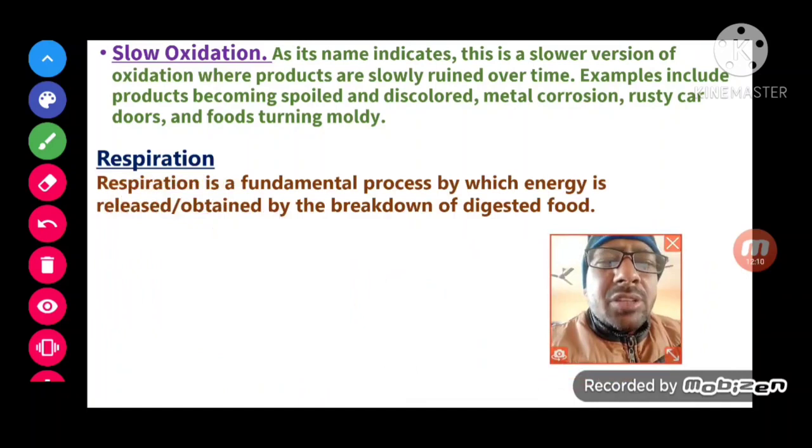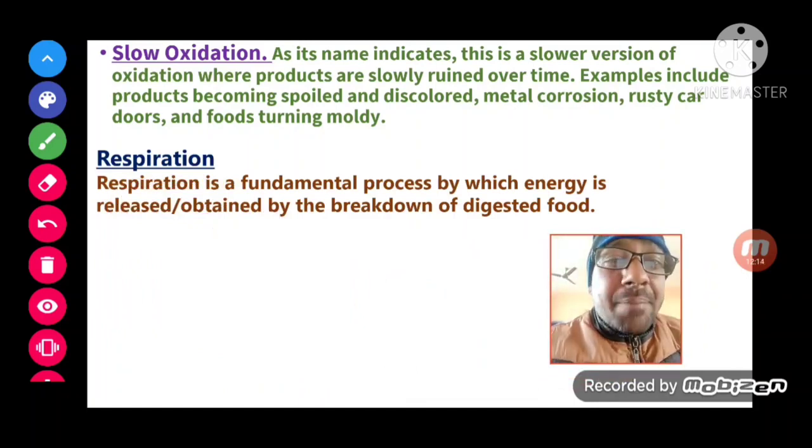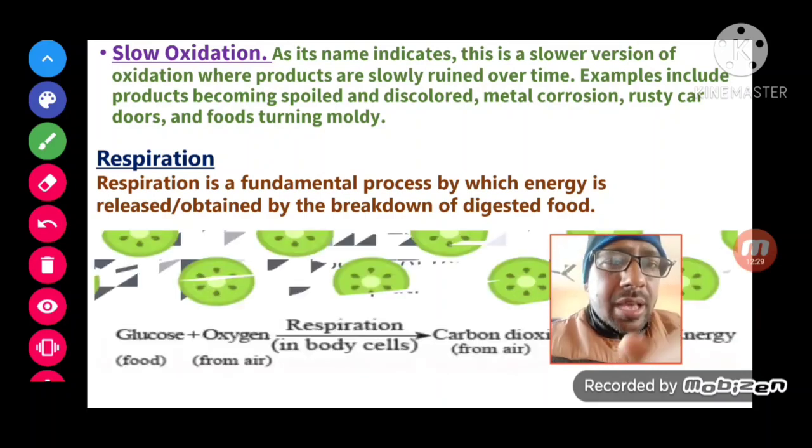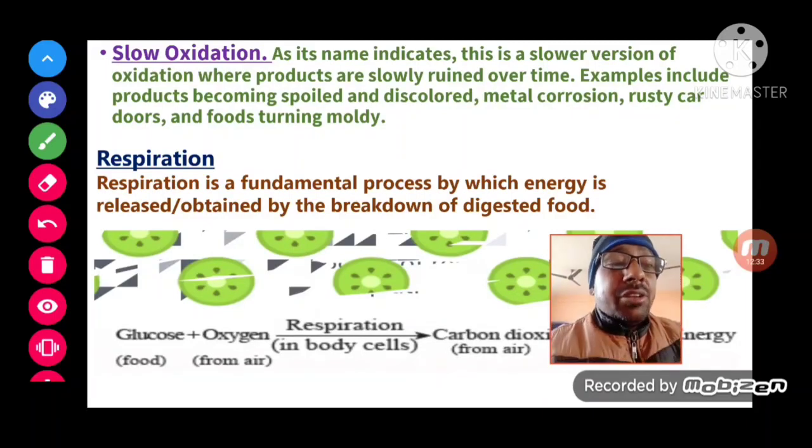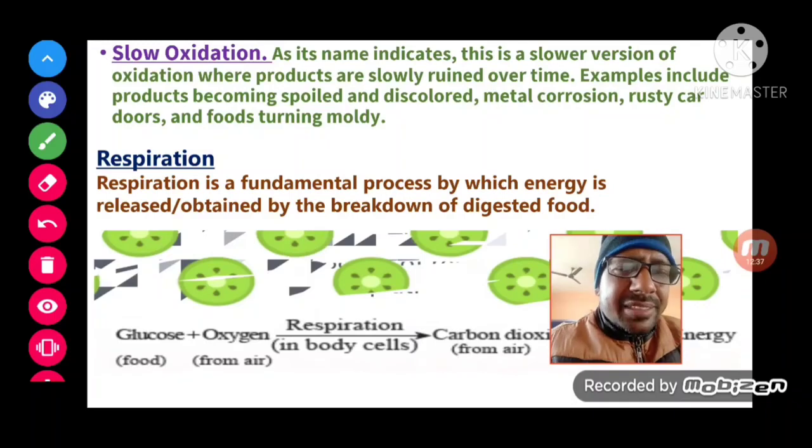Examples are given here. You can see the first one is respiration. Respiration is also an example of slow oxidation. In your body, after the digestion of food, your body has the thing which is used by cells, that is called glucose. And you can see glucose reacts with oxygen, and during respiration you are taking oxygen inside your body and releasing out.